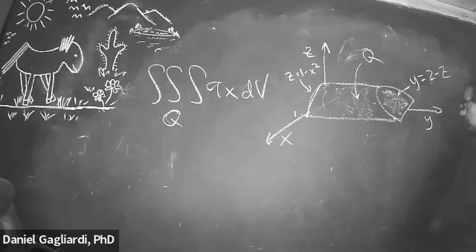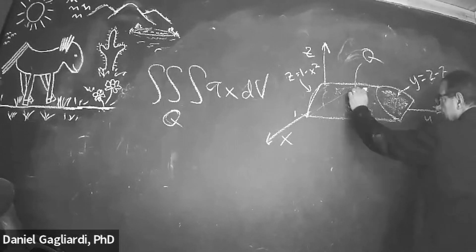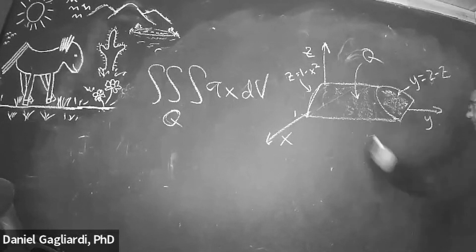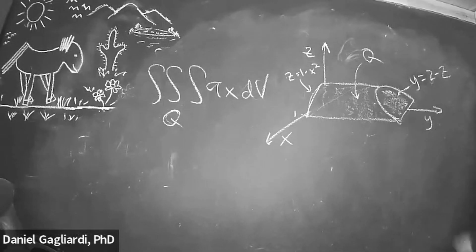But then it'd be a little bit more complicated, because if you look at this cheese log, you have a top and a bottom. The bottom would be 0, but then we have 2 tops. So we'd have to be careful and write probably 2 integrals, at least 2 integrals, to do it this way.